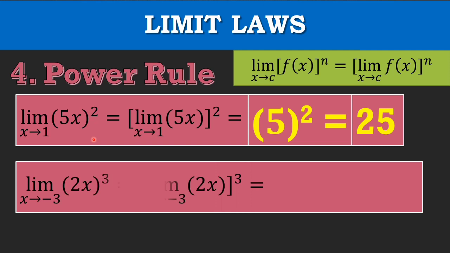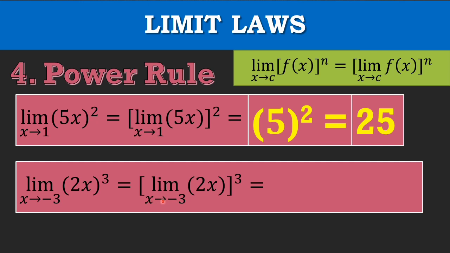Another example, we have limit of cube of 2x as x approaches negative 3. Is also the same as the limit of your 2x as x approaches negative 3 cube. Okay? So, hanapin muna natin yung result of the limit of 2x as x approaches to negative 3.